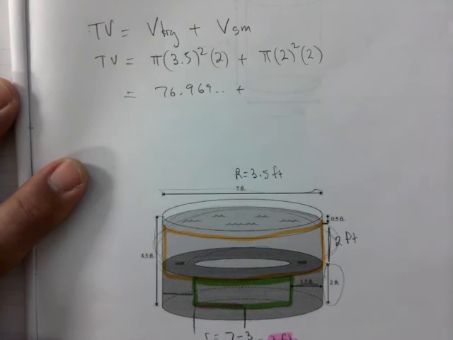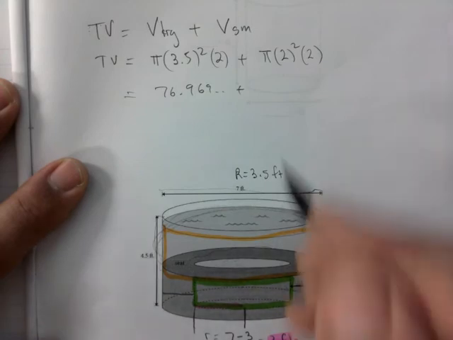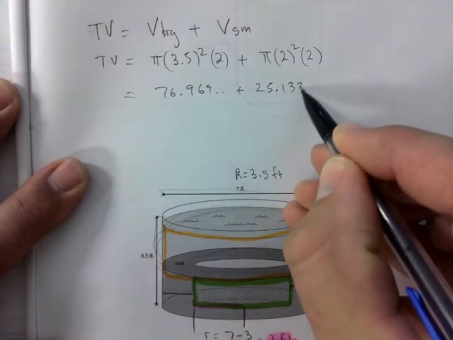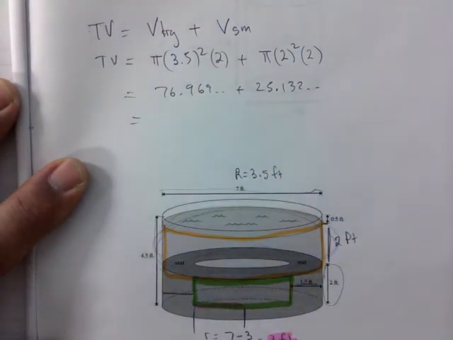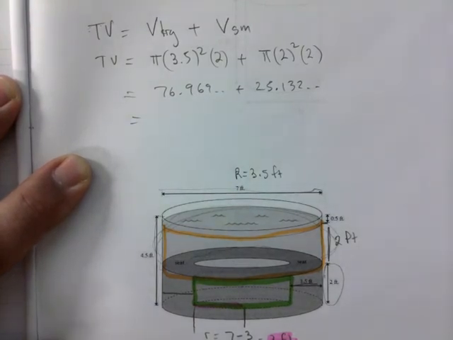No, not that. Hold on. Pi times 25.13. Adding, not subtracting. 102. This is not good. I'm getting a different answer than on my key.